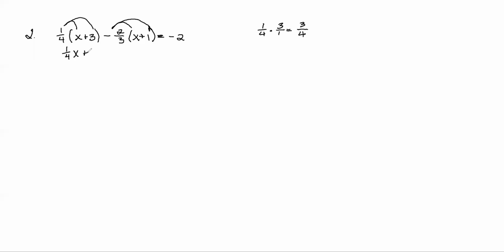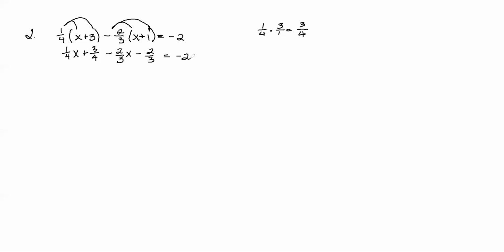So plus 3/4. And now we want to distribute in a negative 2/3. So negative 2/3 times x is negative 2/3 x. And negative 2/3 times 1, that one's nice and easy, still negative 2/3, equals negative 2.